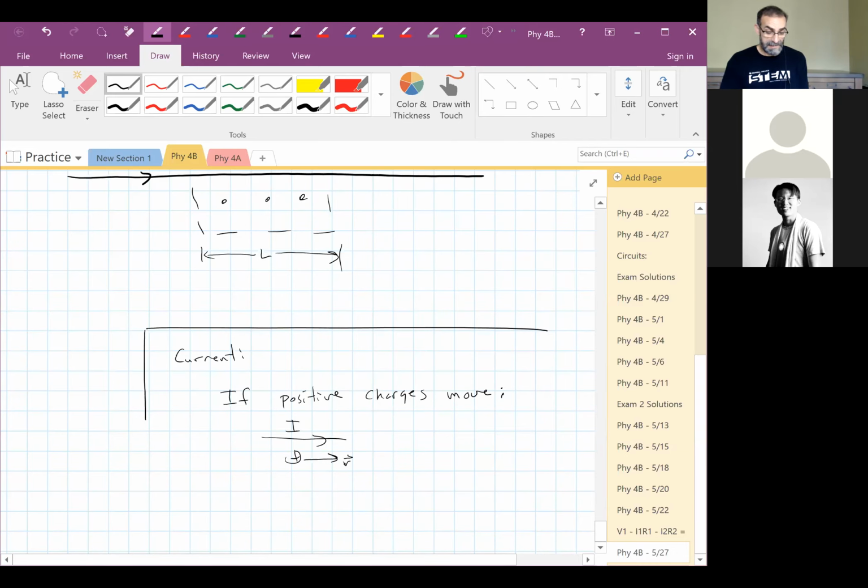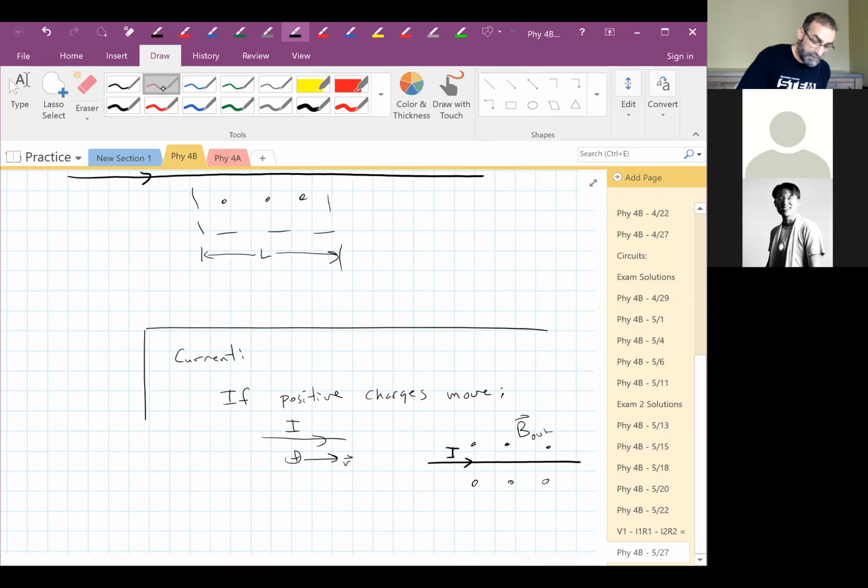That's what current means. So what direction is our force? Our magnetic field B is out of the page. We have a wire carrying a current I. If positive charges are moving to the right, what direction is the force? Toward the bottom of the page, correct.